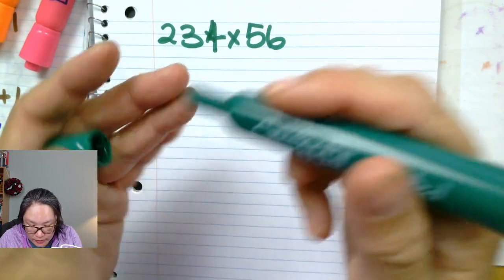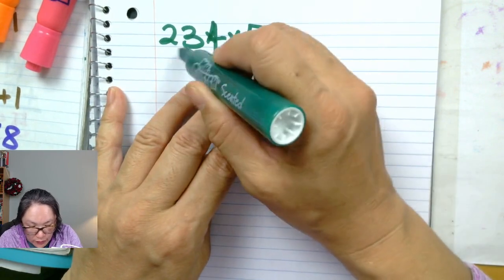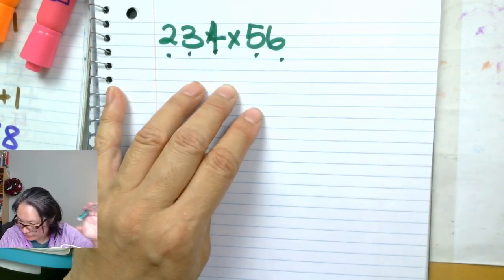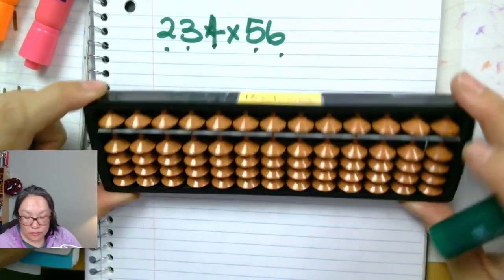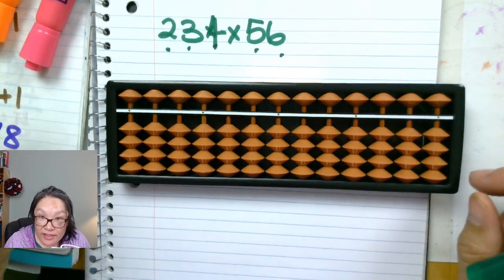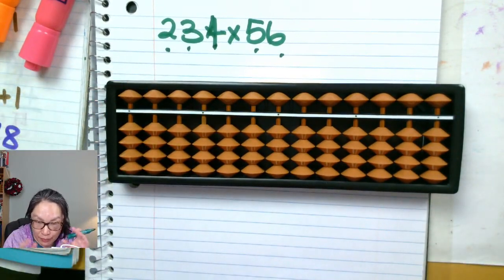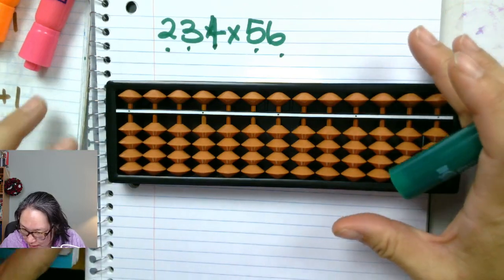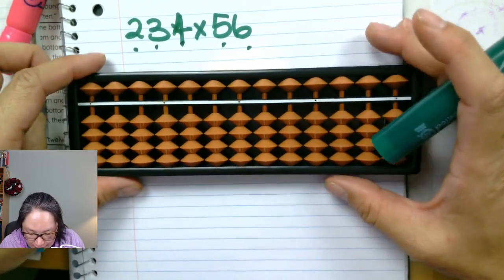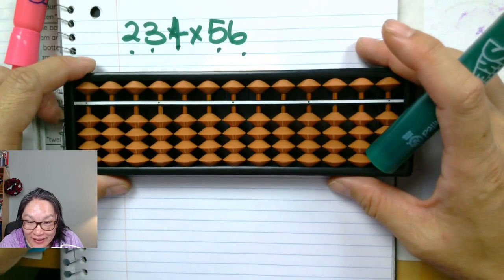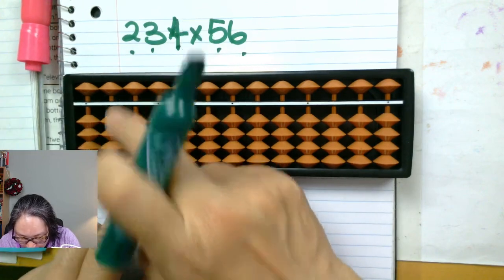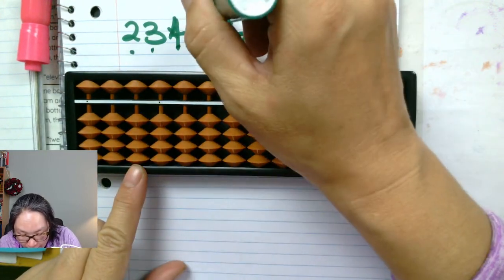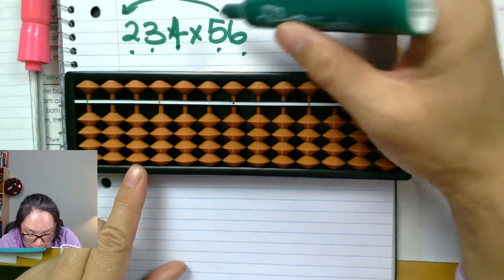So when we do it, we go 1, 2, 3, 4, 5. Okay, let's see if I get this right. Because I move my abacus a lot, I might get this wrong. That's my caveat. 1, 2, 3, 4, 5. So I'm over here. 5 times 2, because why do we do that?